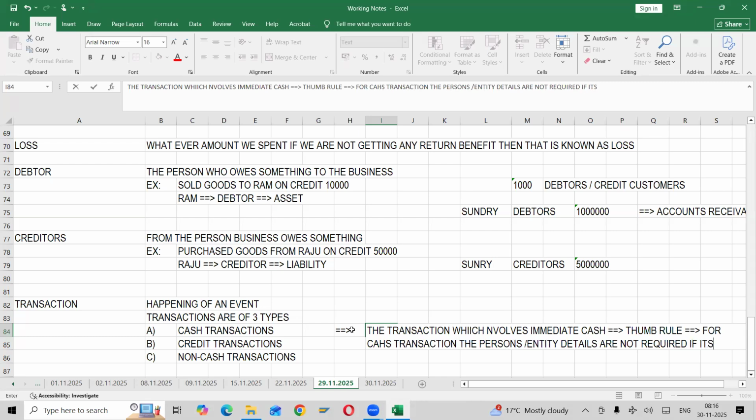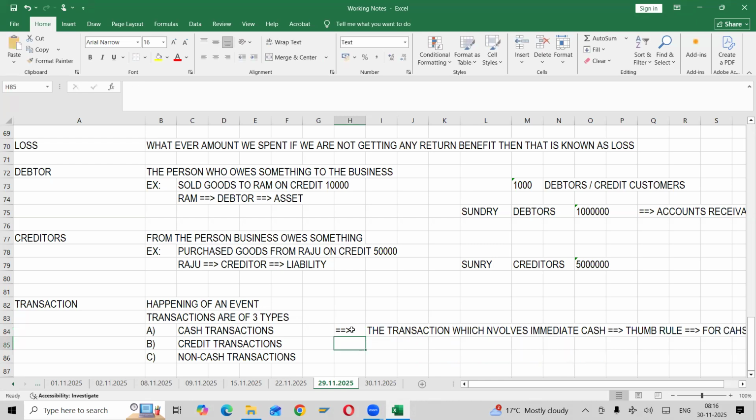If it's mentioned in the transaction, we need to ignore it. The transaction which involves immediate cash is nothing but a cash transaction.